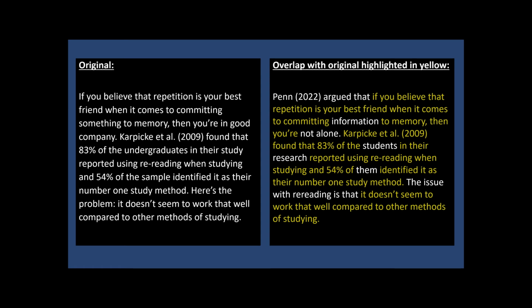If you have originality checking software such as Turnitin, this process will be done for you, but it's possible to do it manually as well. Once you've highlighted any overlap between the paraphrased version of the text and the original version, what you should do is read the paraphrased version out, but omit anything that's highlighted as having overlap with the original text.